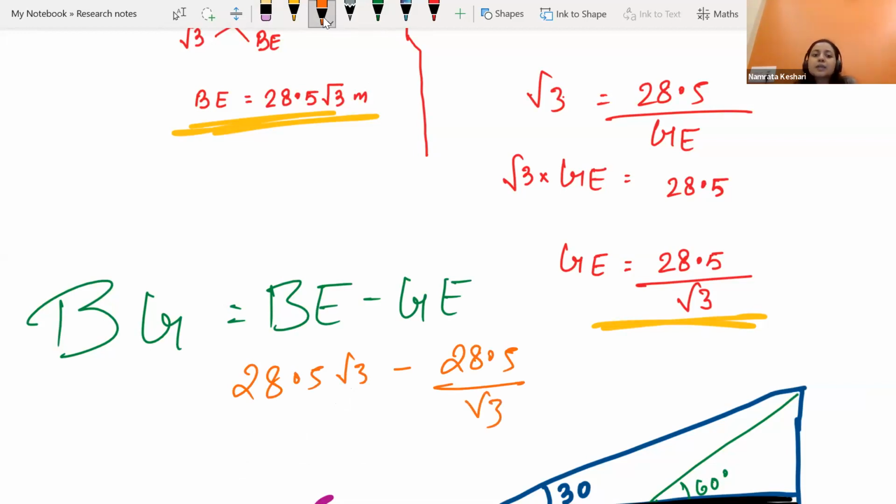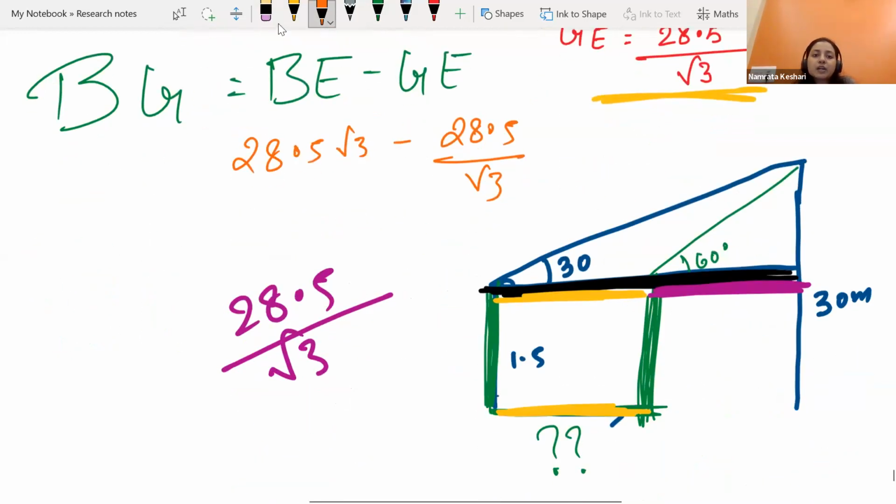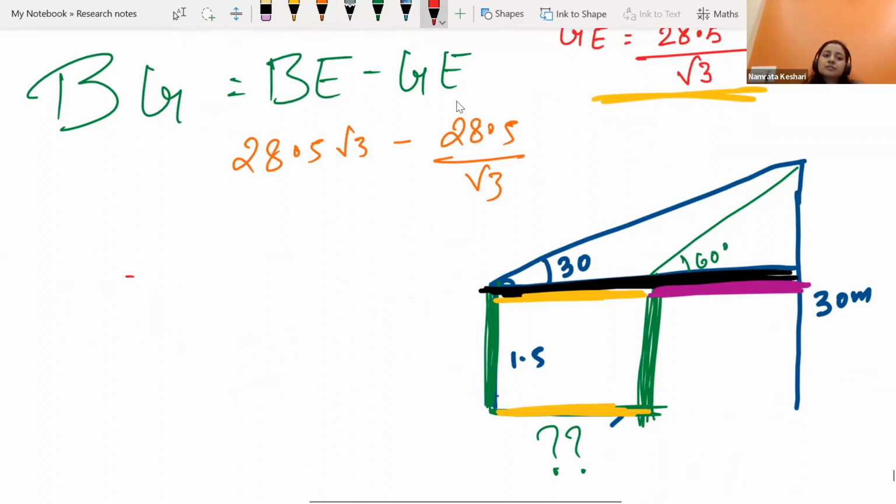How will we do this type of subtraction? So better to take out the common factor at first. Let's take it out. What is the common factor which can be taken from both the terms? Anyone? Just 28.5, because root 3, one is in the numerator, another is in the denominator.